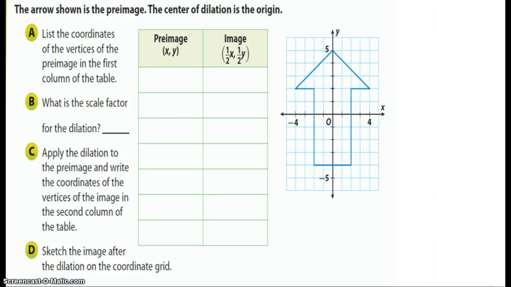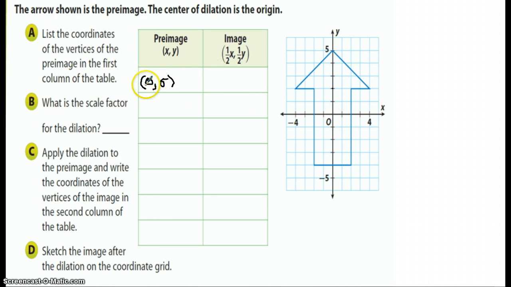Okay, we can start anywhere with this. The way I see it, I'm going to start at the origin and go up to the point of the arrow. So I see 1, 2, 3, 4, 5. That means I'm at 0 for x and 5 for y. That's my original.